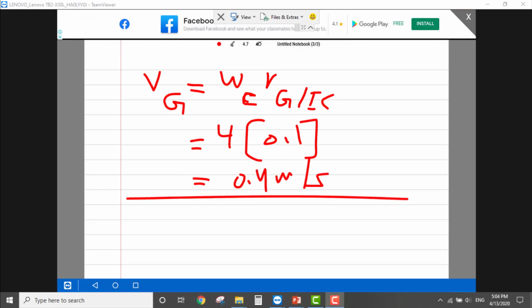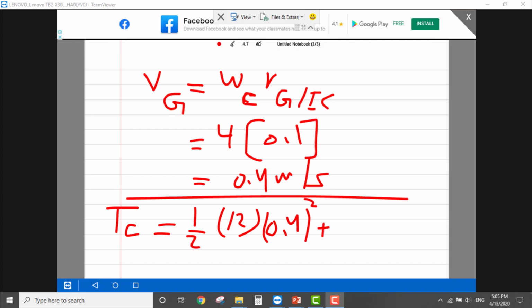Now we could find the kinetic energy of this cylinder C. Half the mass of this cylinder, which is 12, and the velocity of the centroid is 0.4 squared, plus half the mass moment of inertia. Again, for this very thin cylinder, it is the same as the disk, which is half mr squared.